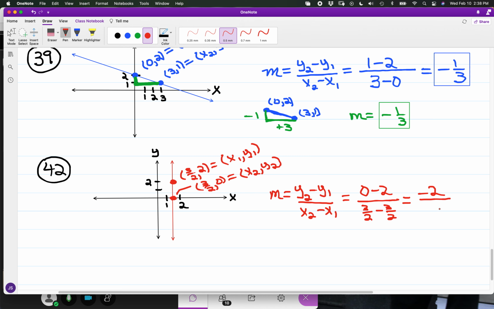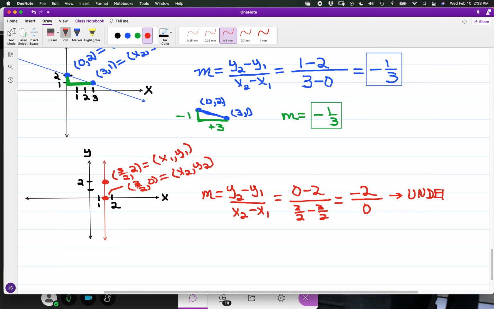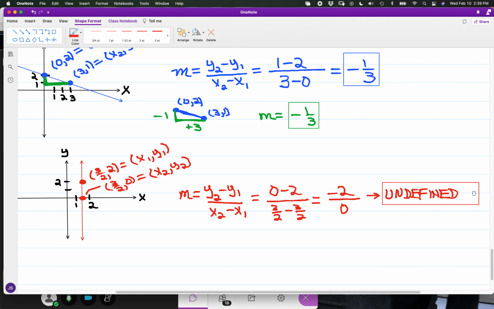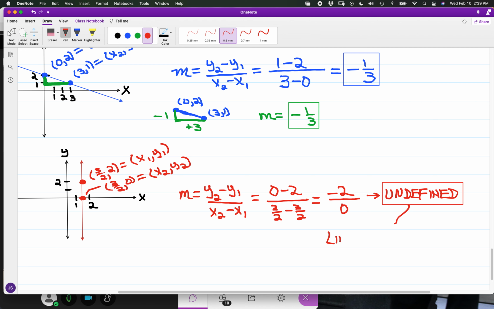We have 3 halves minus 3 halves, which in this case comes out to 0, and because we have 0 on the bottom, okay, it turns out that the slope is going to be undefined. Again, anytime that the slope is undefined, okay, you're going to have that the line is going to be vertical.